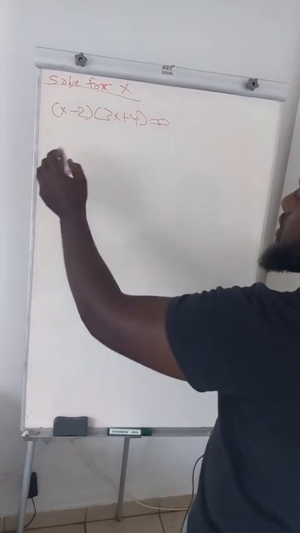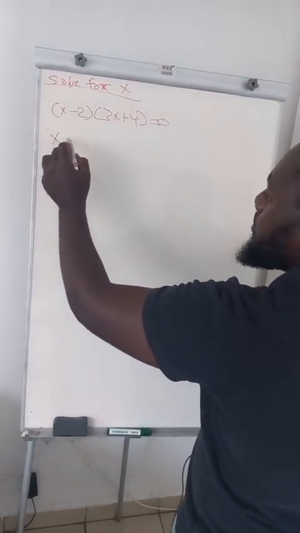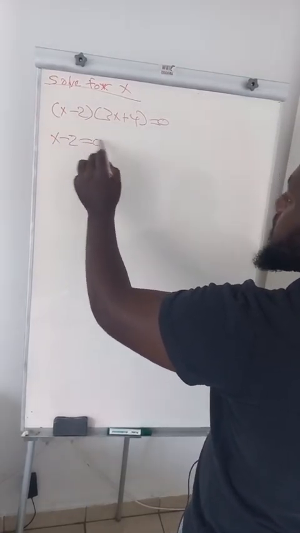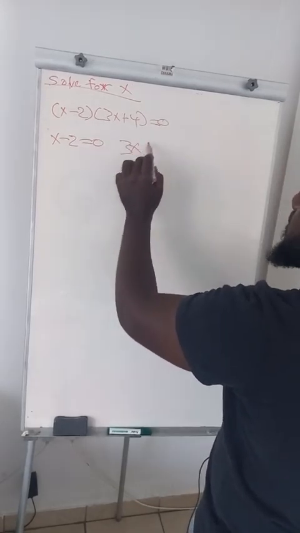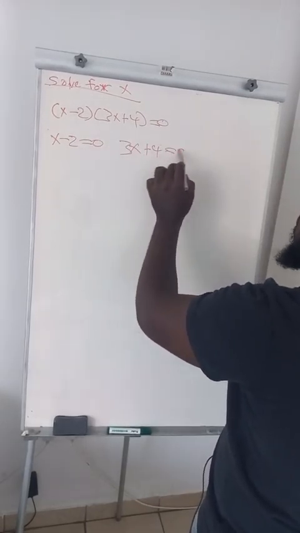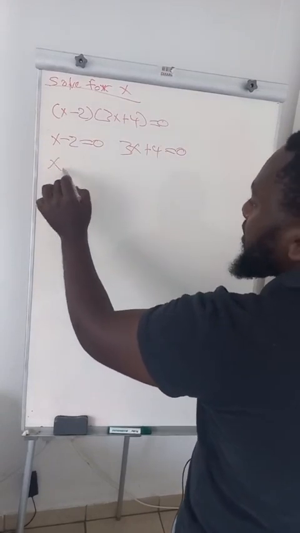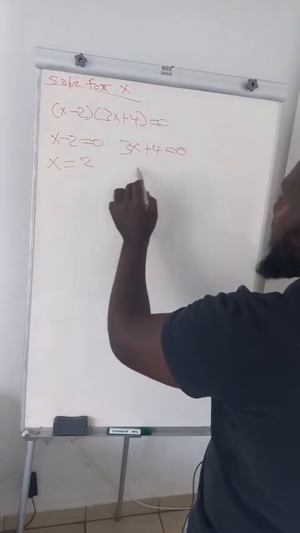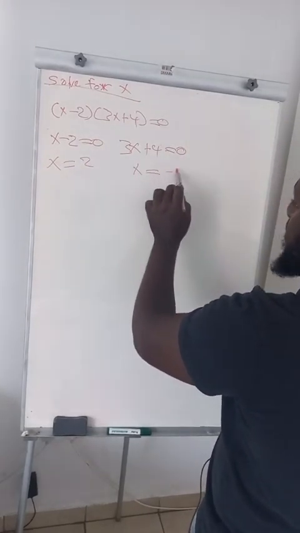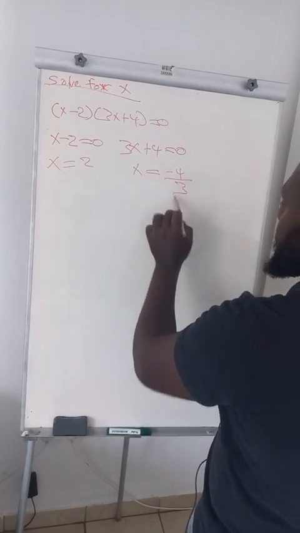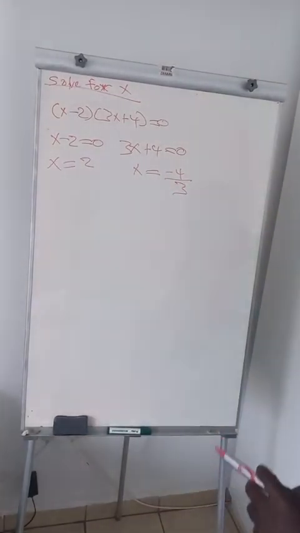So you just have to say x minus 2 equals 0, or 3x plus 4 equals 0. So it means here you'll have x equals 2, and then x will give you negative 4 over 3. And then you're done.